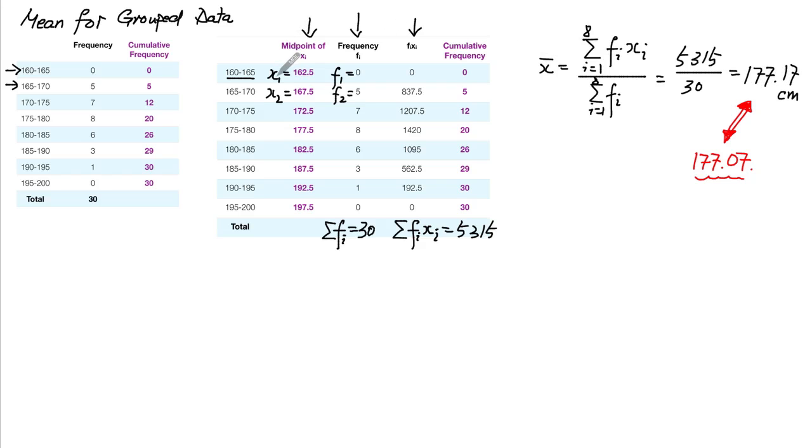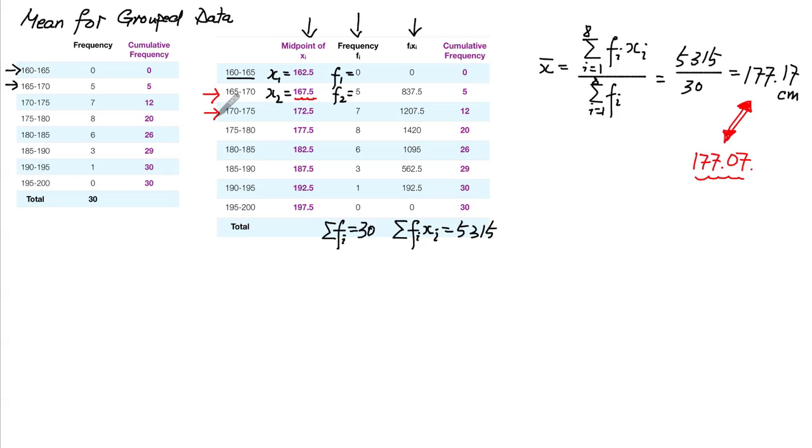So if you take a closer look at the formula here, what we're really doing is, let's take a look at this second bin here. Okay. We don't know what the exact heights of these 5 people are. However, what we're doing here essentially is we're letting all 5 of these people have a height of 167.5.